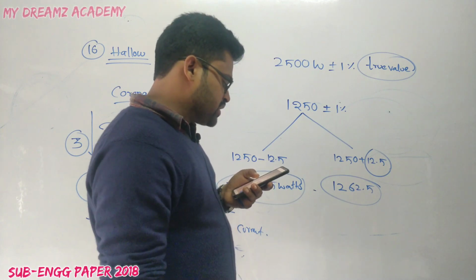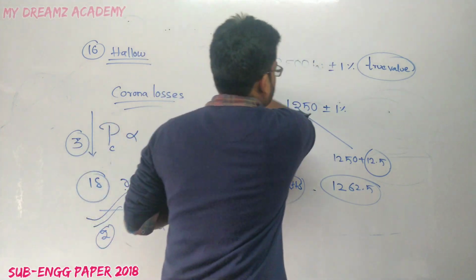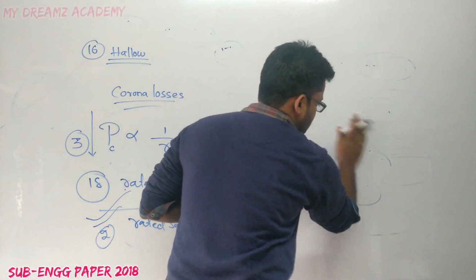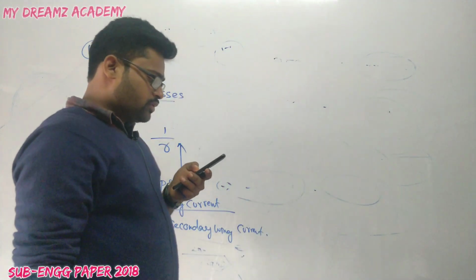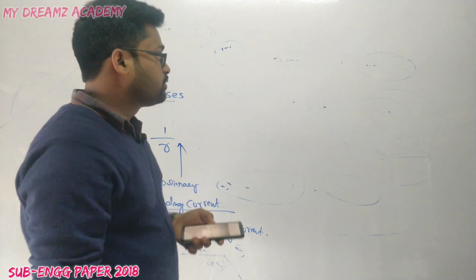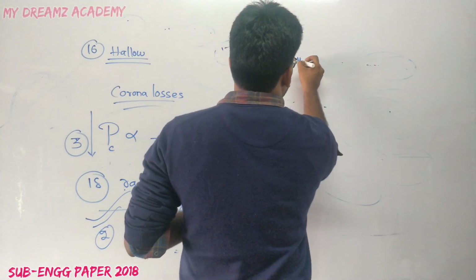When measuring power with an electrodynamometer type wattmeter in a circuit where the load current is high, the wattmeter is like this.